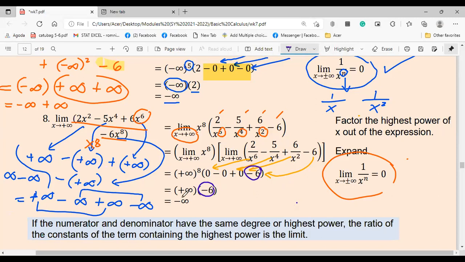So what will be our answer? A negative times positive is negative. The answer is negative. Again, you factor out because what you want is to bring out everything, to replace everything that can go to 0. Okay?